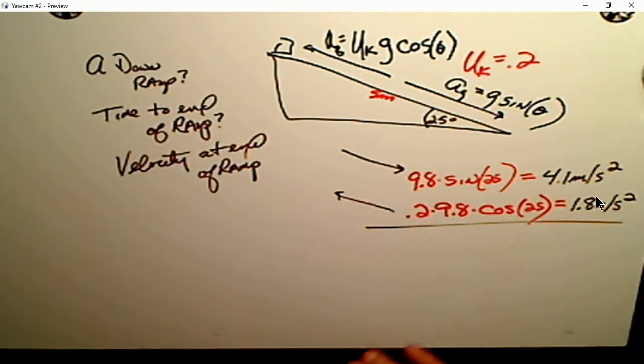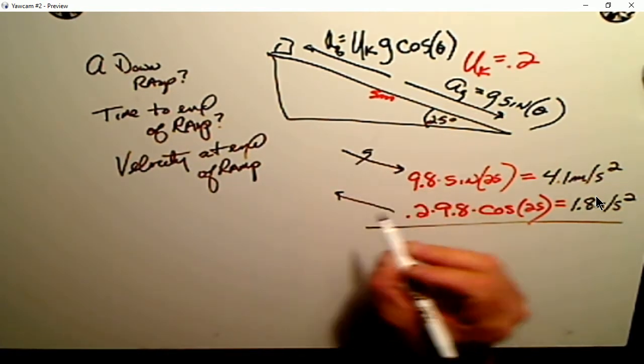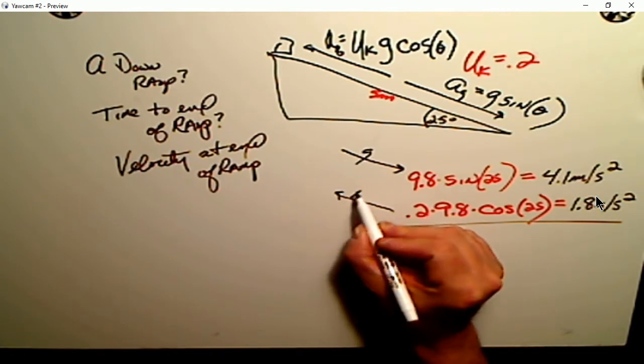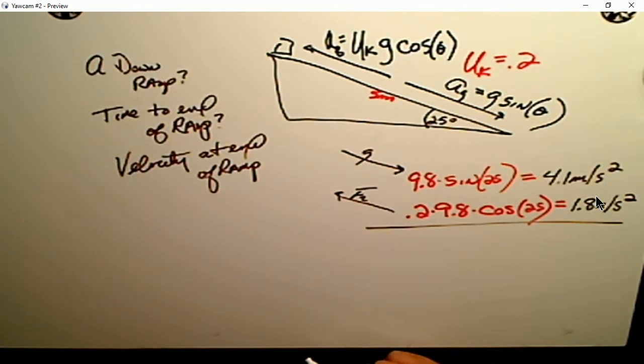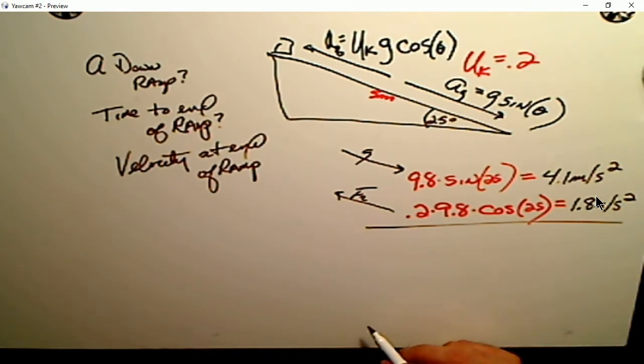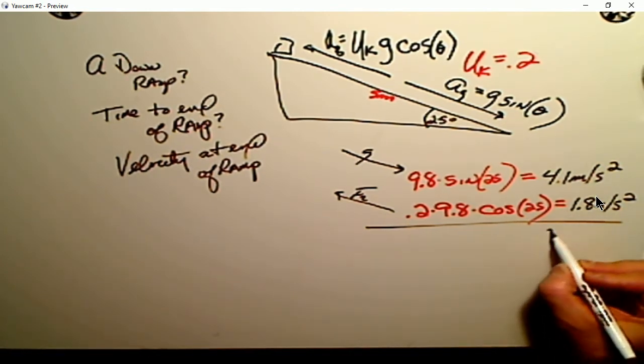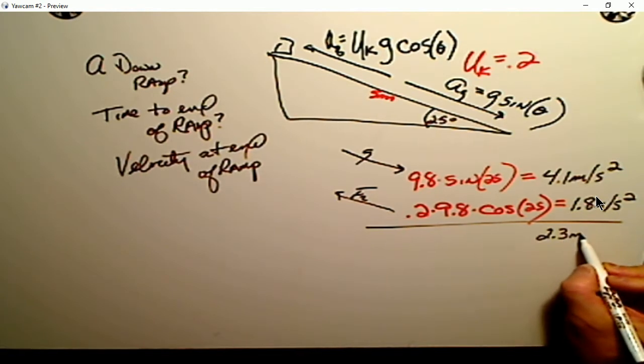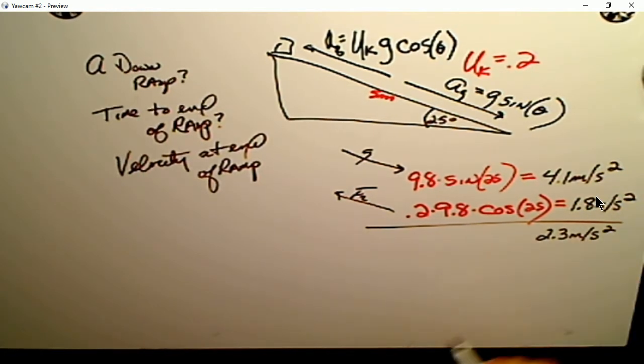So if you think it through, what is the acceleration down the ramp? Gravity is pulling it down. Friction is opposing it. The acceleration is 2.3 meters per second squared. Sounds pretty simple.